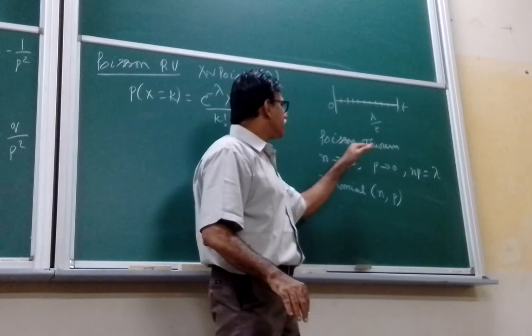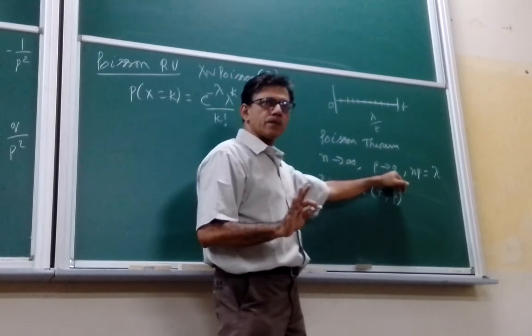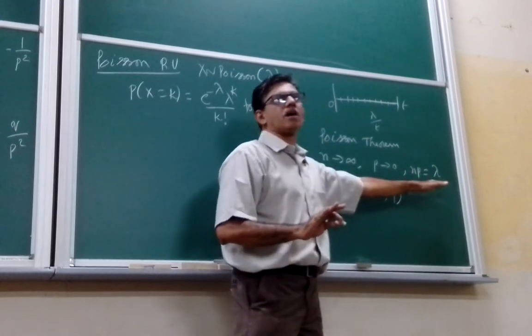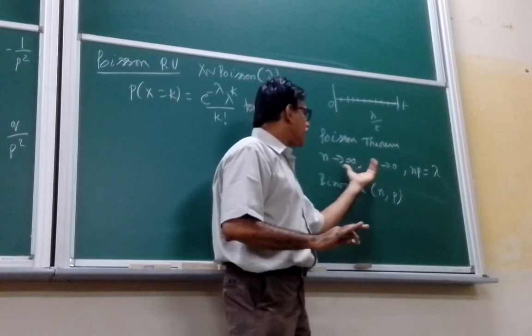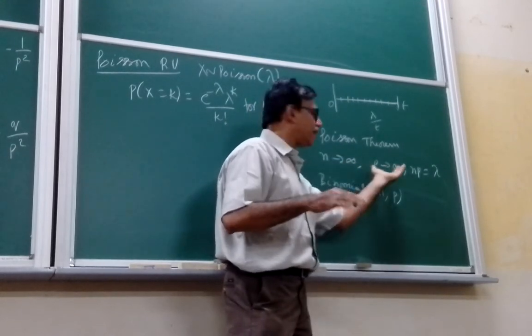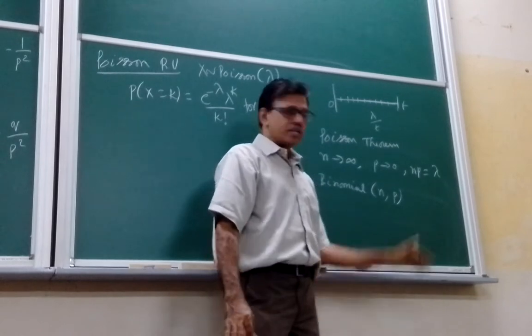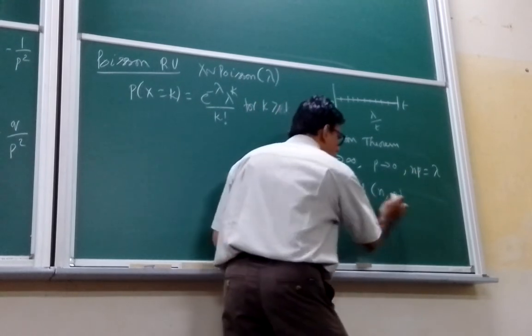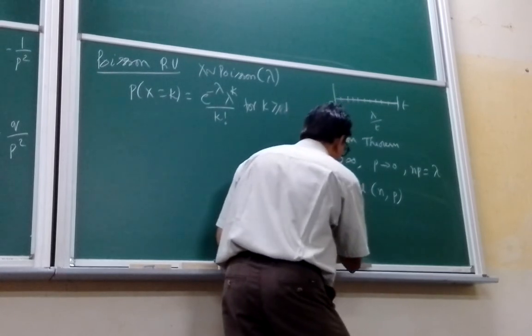In particular, if n tends to infinity and p tends to 0, but n into p is a constant. It is not that their limits are taken independently, but the product is a constant. In that case, what is the binomial probability for k?